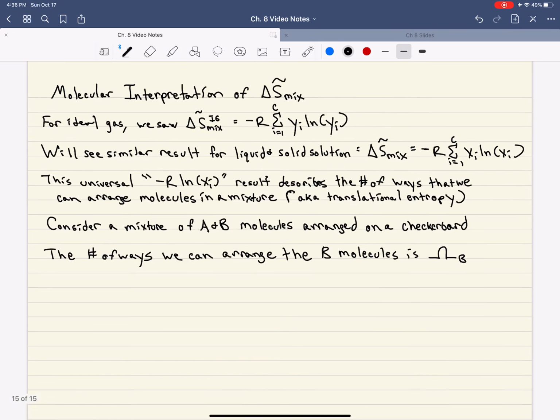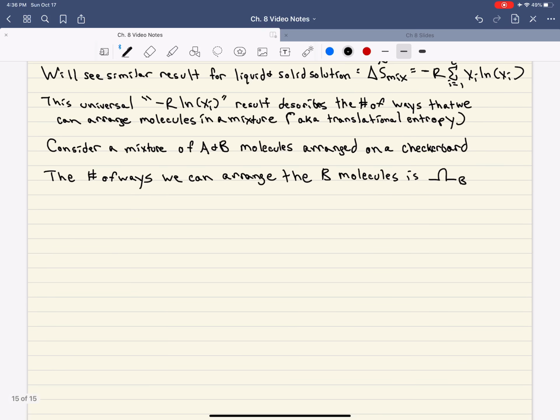And we saw back in chapter 5.5 that this multiplicity was proportional to this formula, where we have the total number of places that are available to put molecules, so total number of sites, n, raised to the number of B molecules that we have, and then that's divided by the factorial of n_B molecules.